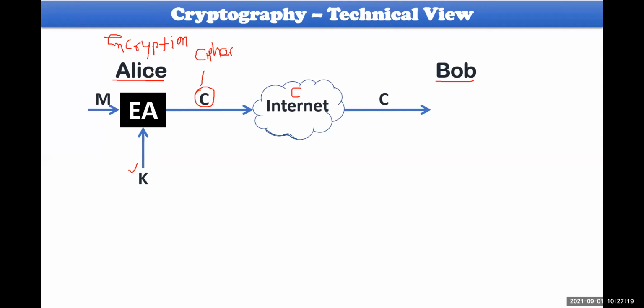From the internet, sent through Alice, he may receive this ciphertext. Then he performs one more operation that is called decryption. What do you mean by decryption?